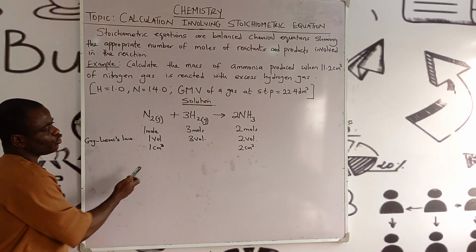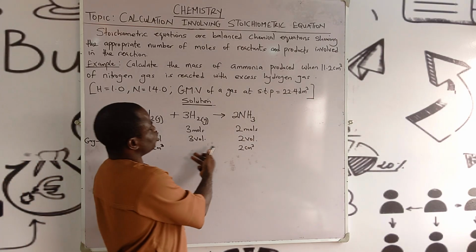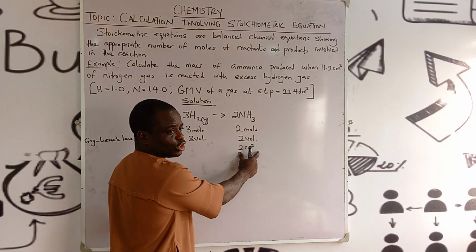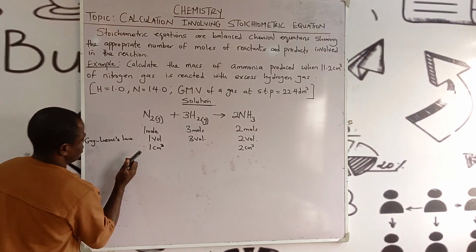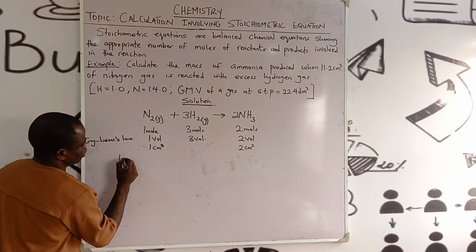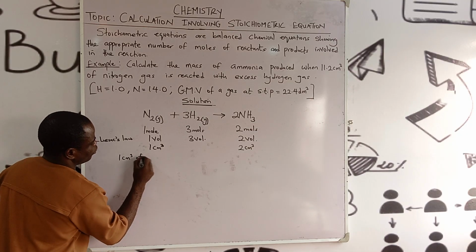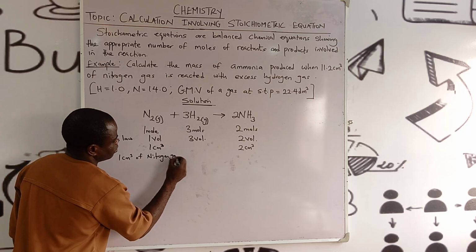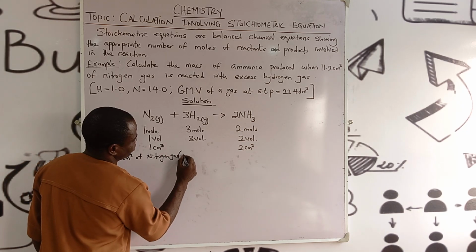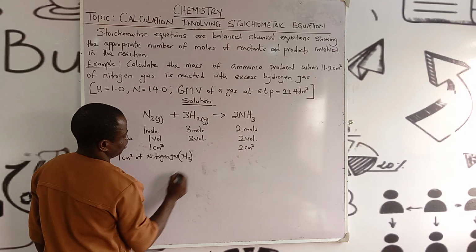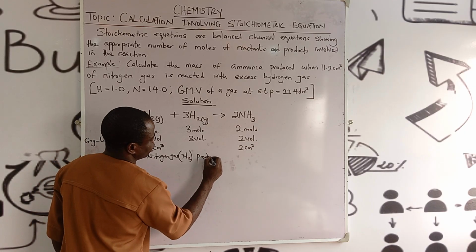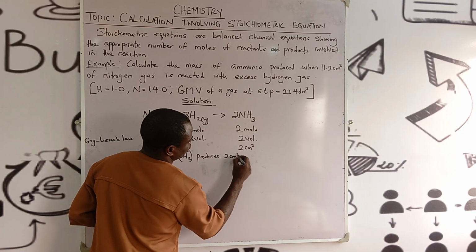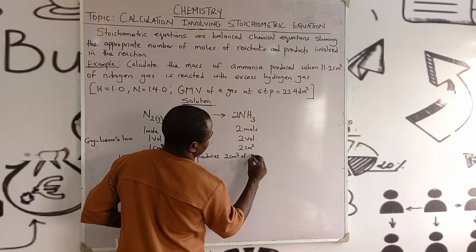Please don't forget, when you are solving a problem under stoichiometry, you relate the volume with the volume you have in the equation. Okay? You have 1 cm³ of nitrogen gas, a molecule, N2, producing 2 cm³ of what? Ammonia gas.